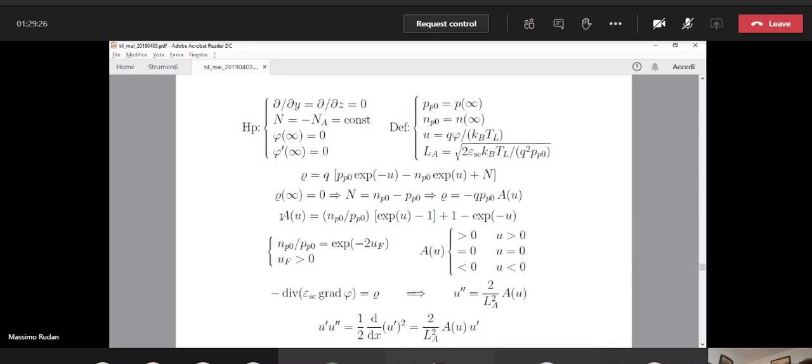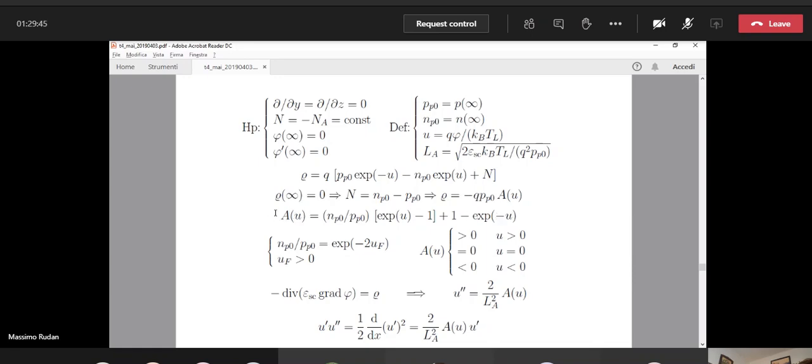A of U is equal to the ratio NP0 over PP0 times exponential of U minus 1, and then we have plus 1 minus exponential of minus U.